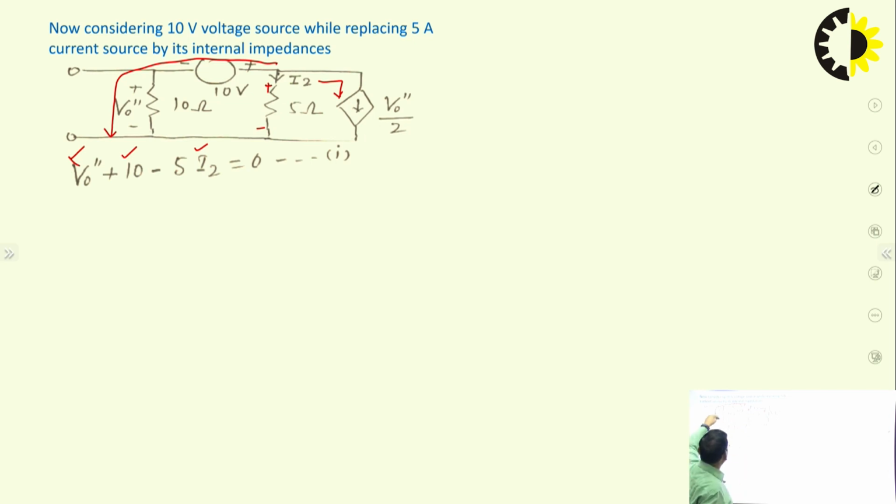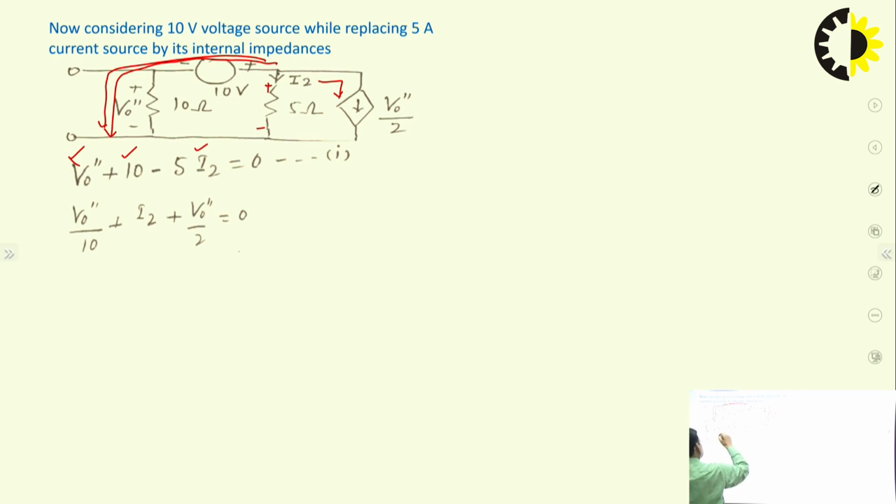So the current through this is V0'' by 10, and it flows through this branch because the 10 volt source and V0'' are in series.